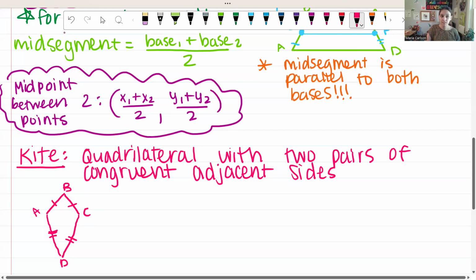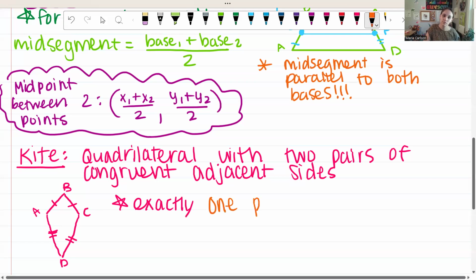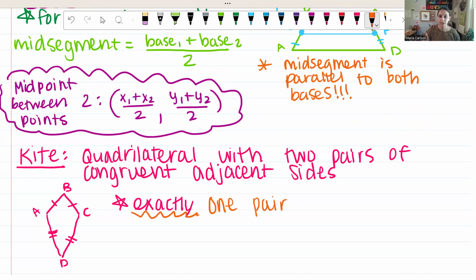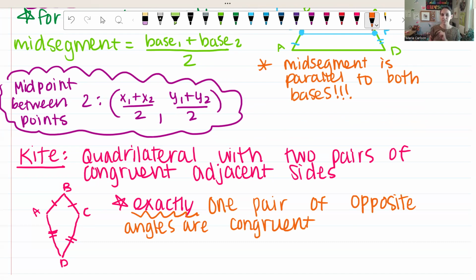In this kite, some properties: we have exactly one pair of opposite angles that are congruent. The way you can determine which angles those are is that they are the angles where your non-congruent sides meet up.